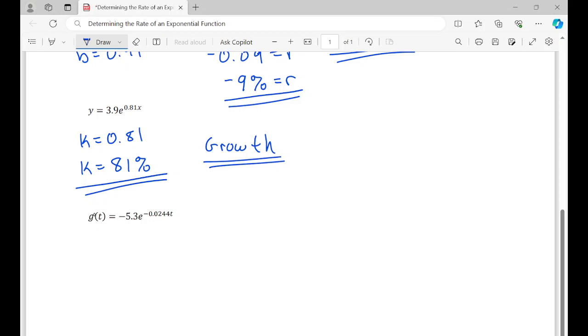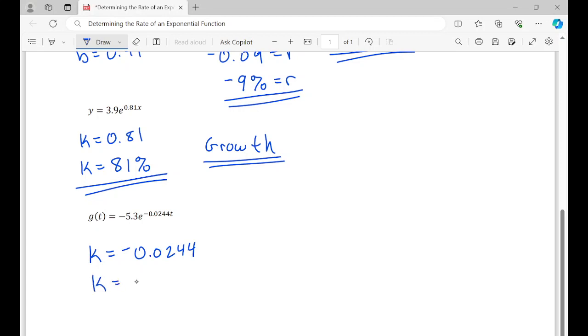Last, we have g of t equals negative 5.3 e raised to the negative 0.0244t. So k again is going to be the number up here in the exponent. So k is equal to negative 0.0244. And as a percentage, we're just going to multiply this by 100.